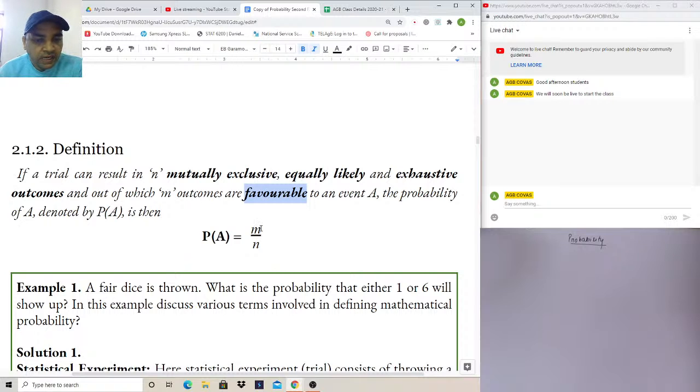Where m are the favorable events and n are all the events which are occurring altogether. Where these n are mutually exclusive, equally likely, and exhaustive.